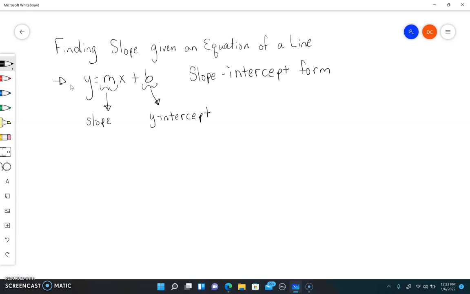And remember, your y-intercept is just where your line crosses the y-axis.